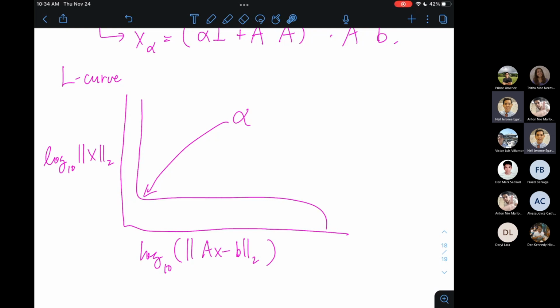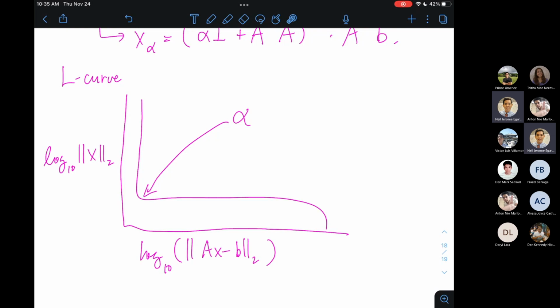So yun yung ginagawa sa L curve, ano? So your next homework will be... Inisip ko kung magpapa-L curve pa ako. Let's see, L curve, tapos actually pina-finalize ko pa sa isip. Meron kasi akong 2 option na homework eh.